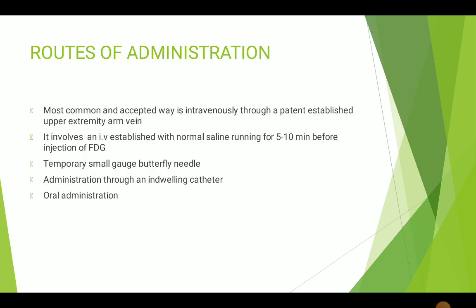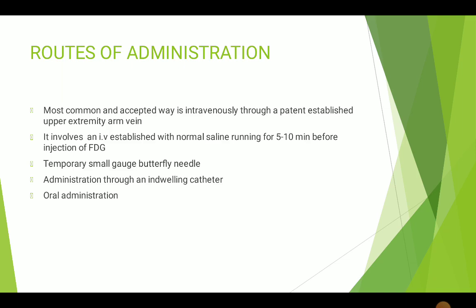I'll move on to the routes of administration. Most commonly and most accepted, it is administered intravenously through a patent upper arm vein, like most other contrast media, and it also involves an IV with normal saline running 5 to 10 minutes before the injection of FDG.